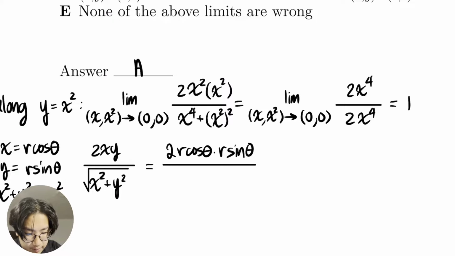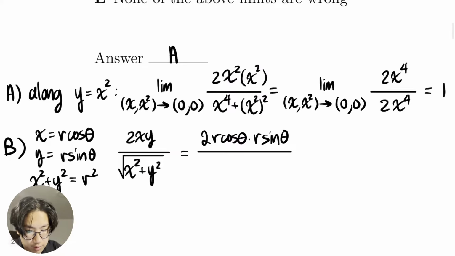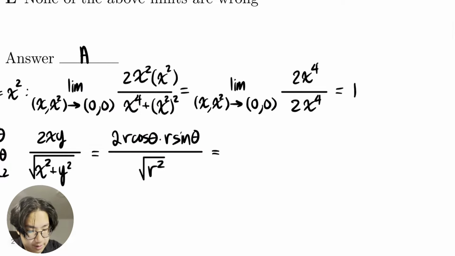And this is all being divided by x squared plus y squared square rooted, but we know that this is effectively just r squared. So we have the square root of r squared. Simplifying this, obviously this is just r, so this will all cancel out. So all we're actually left with is just 2.